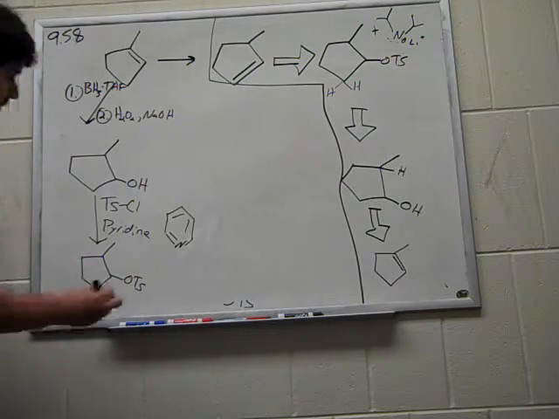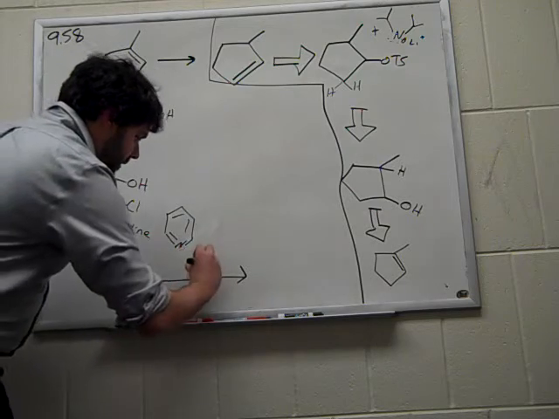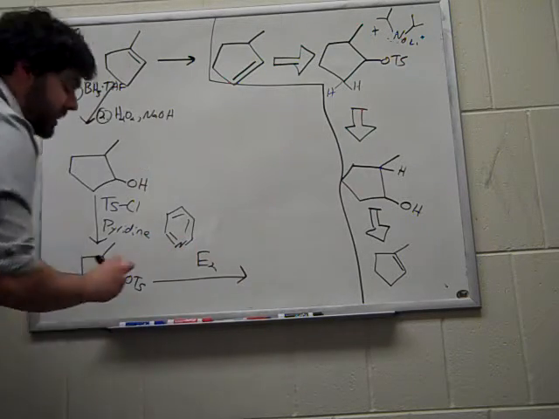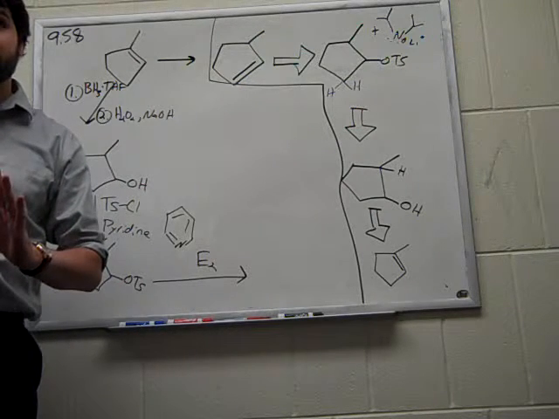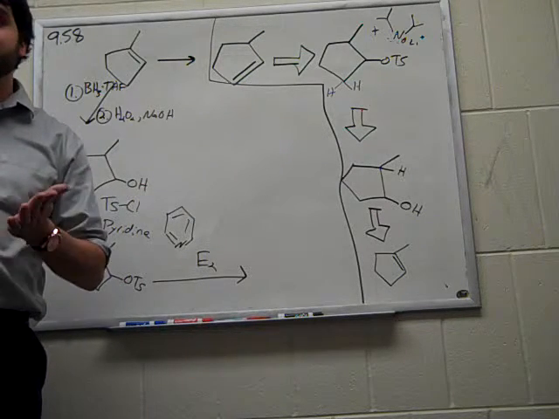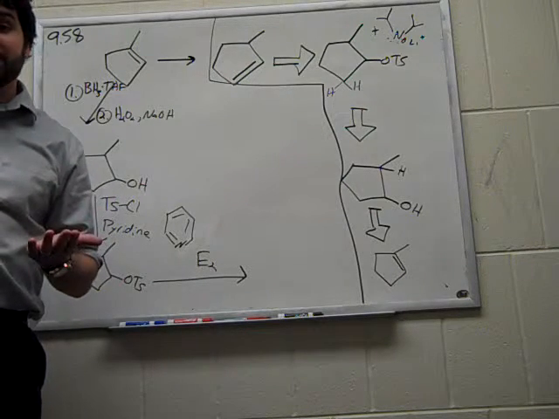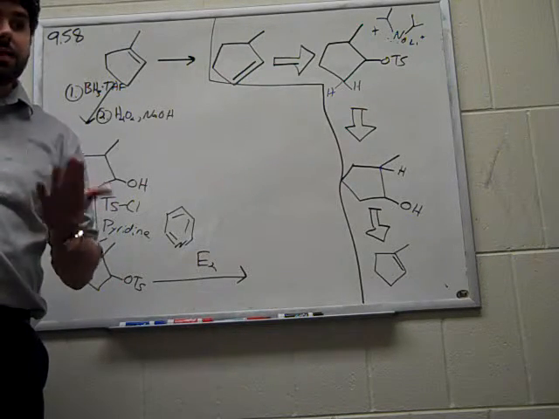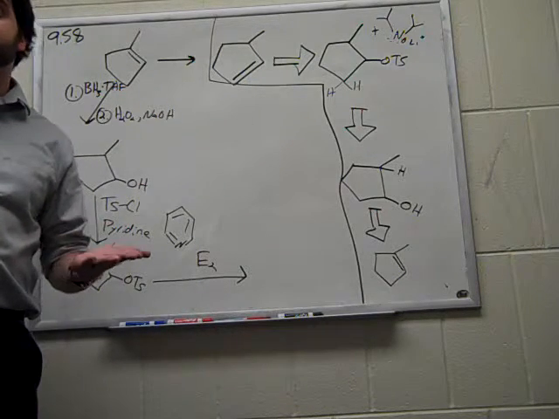So in this case, what we have to do is perform an E2 elimination to give us our desired product. But we can't just do any E2 elimination. Rather, we've got to do an elimination that's going to deprotonate at the less substituted spot. In other words, we're going to do an elimination that's not going to follow Zaitsev's rule, but rather is going to give us what's known as the Hofmann product.